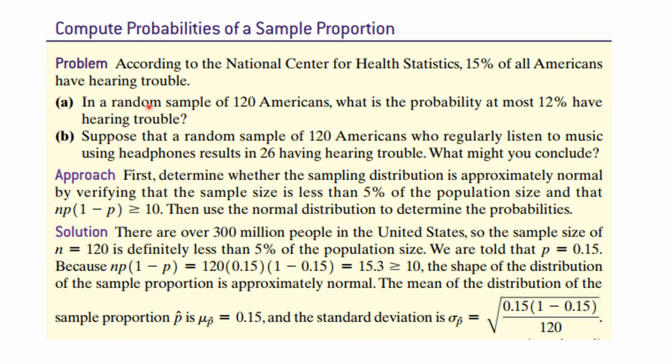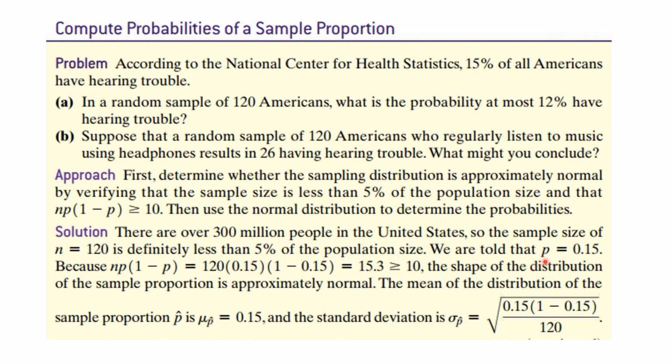Now we're going to compute probabilities using that sample proportion. According to the National Center for Health Statistics, 15% of all Americans have a hearing problem. In a random sample of 120 Americans, what is the probability that at most 12% have trouble hearing? Well, first we check to see if the sample size is less than 5%, and since there are over 300 million people in the U.S., the sample size is definitely less than 5%.